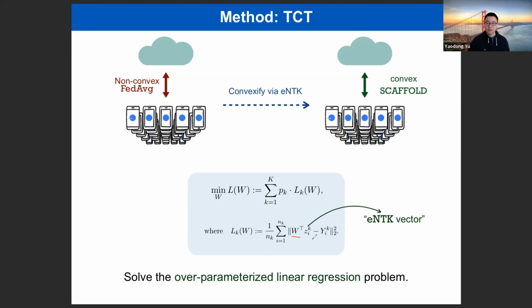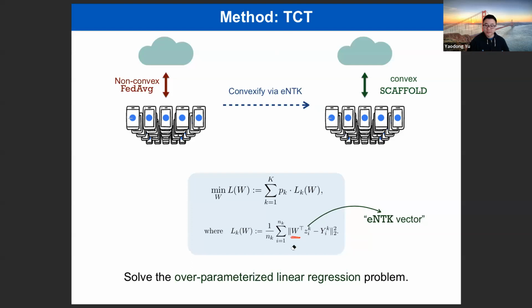Further elaborating: if we don't do subsampling or dimension reduction, and we communicate this W matrix across all the clients, the number of parameters communicated is enlarged by the number of classes, because the W matrix has dimensions D by K, where K is the number of classes and D is the original model parameter size.